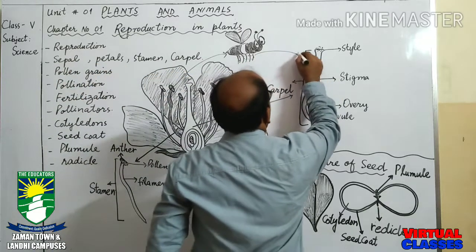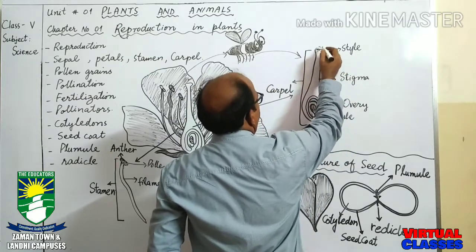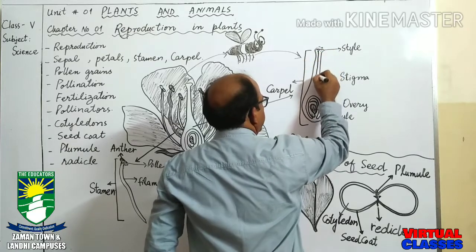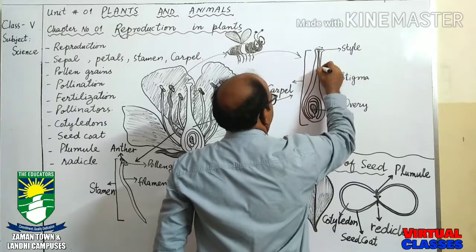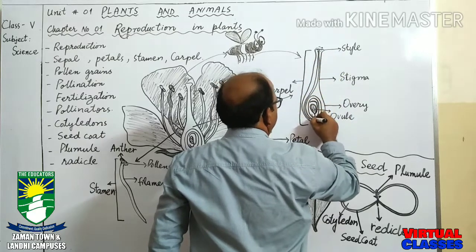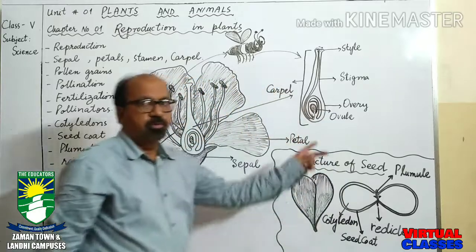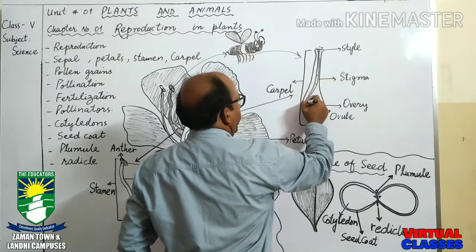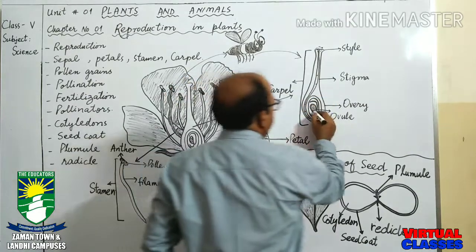Now they have transferred, and when the pollination process is completed, the pollen grains grow a tube, come down and fuse with the ovule. When the pollen grains fuse with the ovule, this is called fertilization.